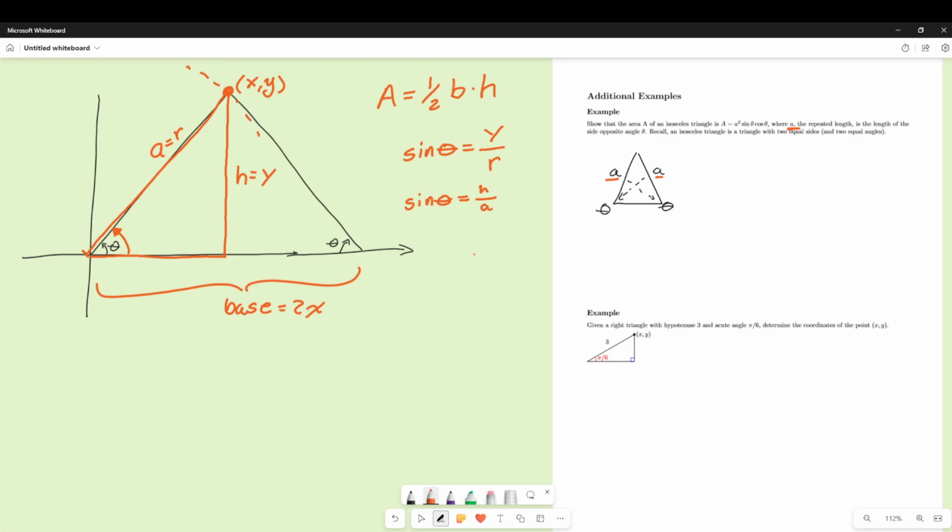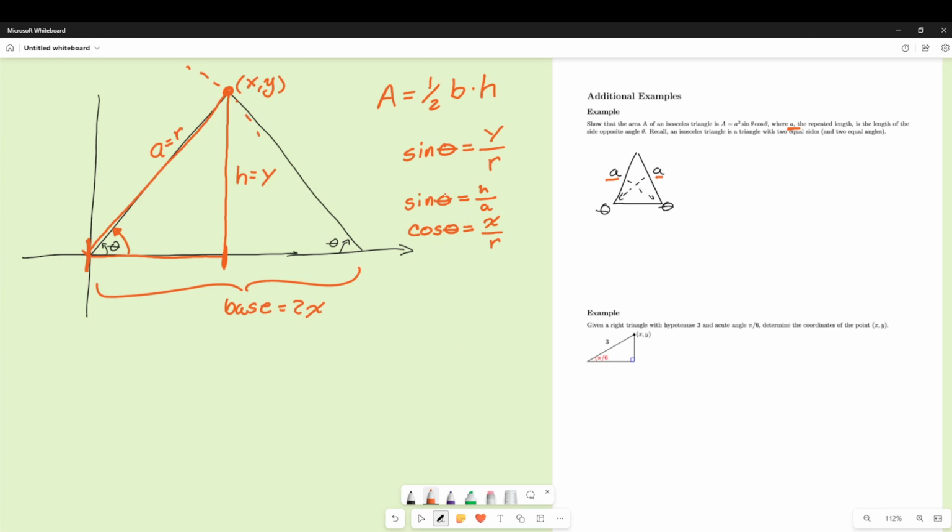It's the same argument, just a different labeling. We also know that the cosine of that angle has got to be equal to the x value, particularly this x value, in ratio to the radius.